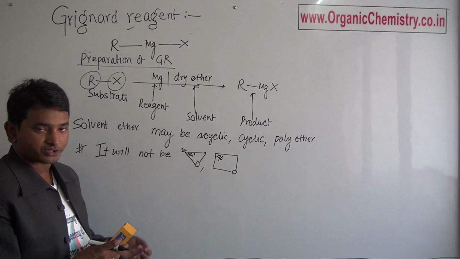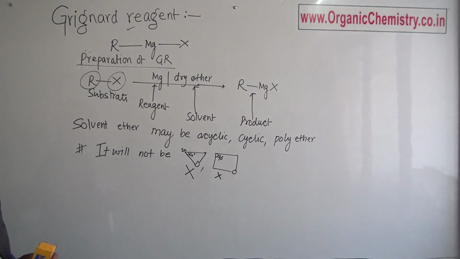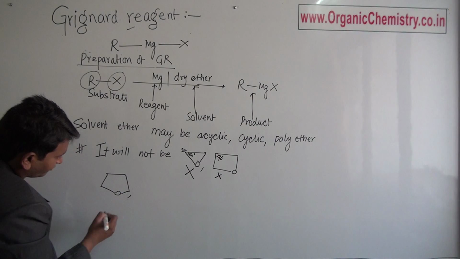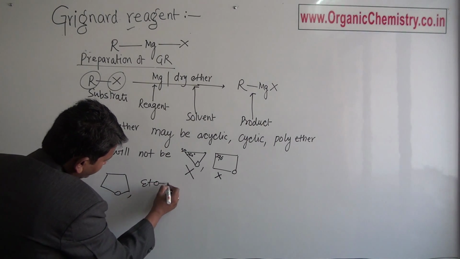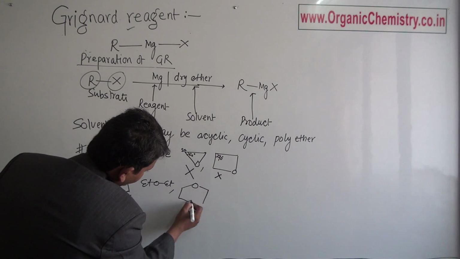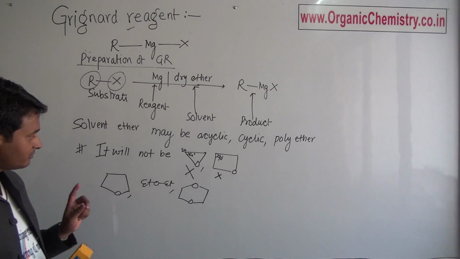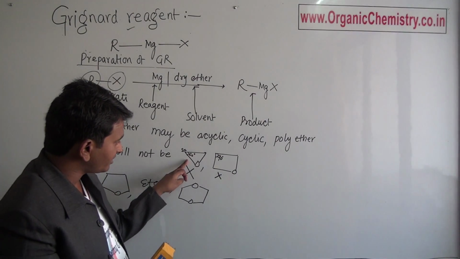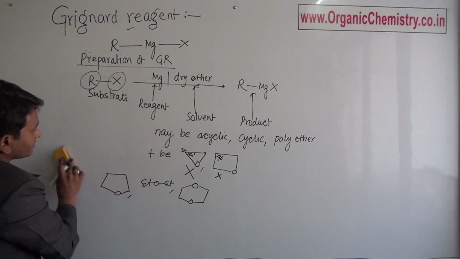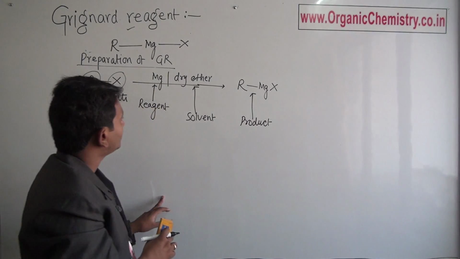So further chemical reaction may take place. So these two ethers are avoided, but we can use five-membered cyclic ether, acyclic ethers, and also polyethers. So any ethers are used, but the limitation is three-membered and four-membered cyclic ethers. So now the question is, can we use any other medium other than ether?